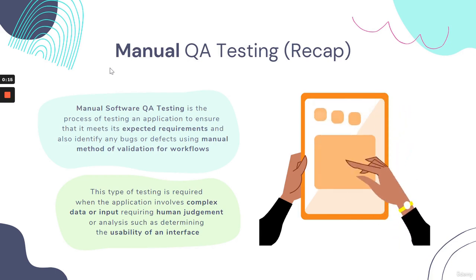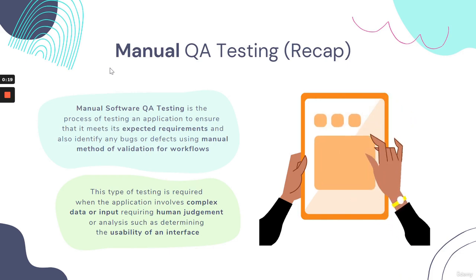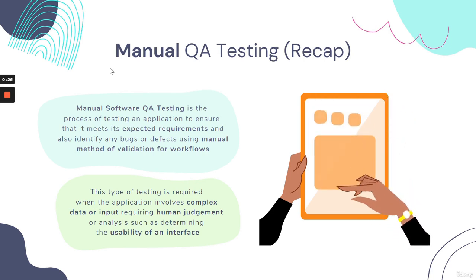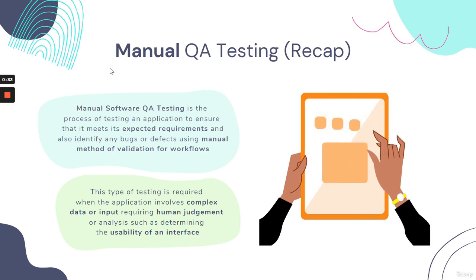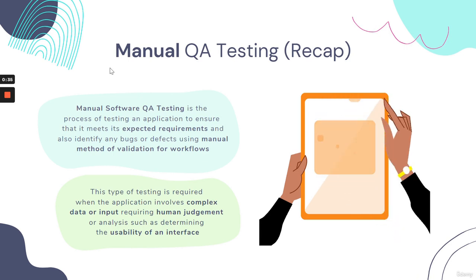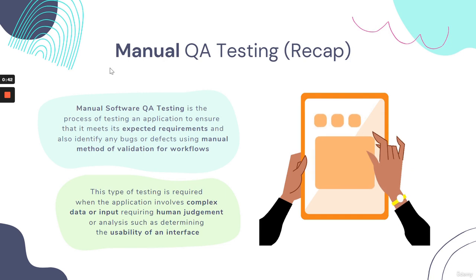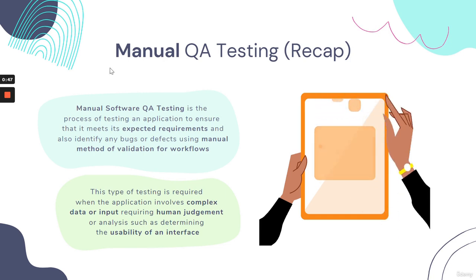Manual software QA testing is the process of testing an application to ensure that it meets its expected requirements and its core functionality to identify any bugs or defects using manual methods of validation for workflows. This type of testing is required when the application involves complex data or input, requiring human judgment or analysis, such as determining the usability of an interface.